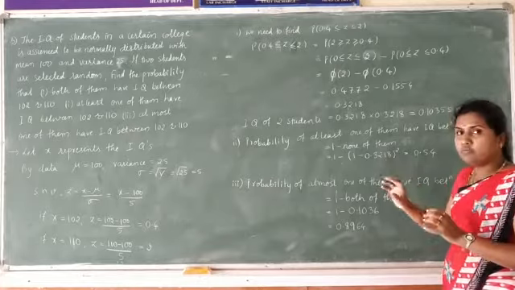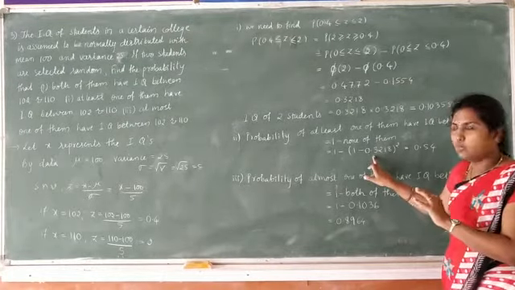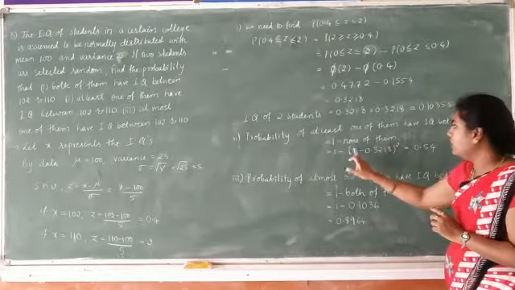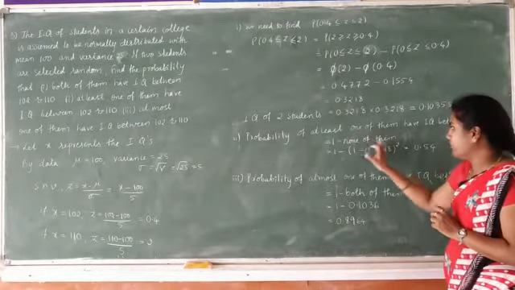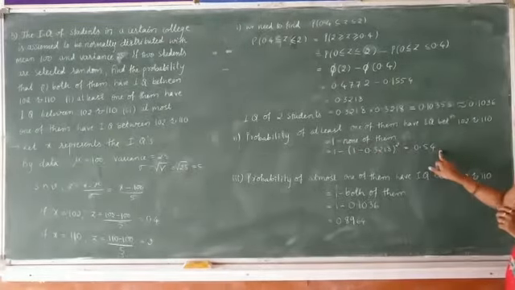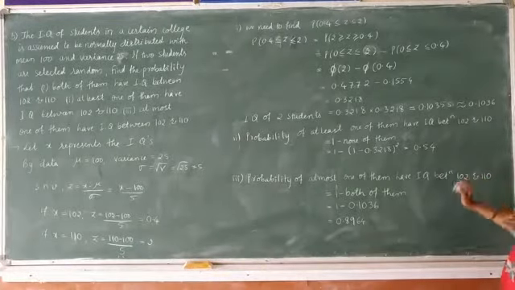None of them means we need to consider both. Therefore, one student's none IQ, and the square means two students. Therefore, none of them is both values. Simplify this one. Here we are getting the probability that at least one of the students has it, that is 0.5.